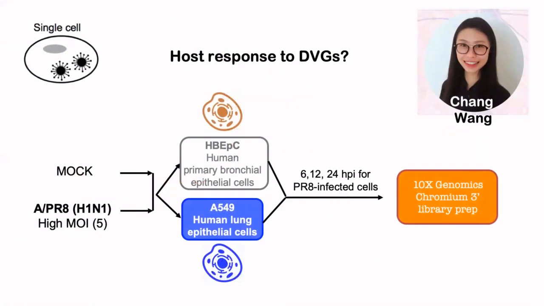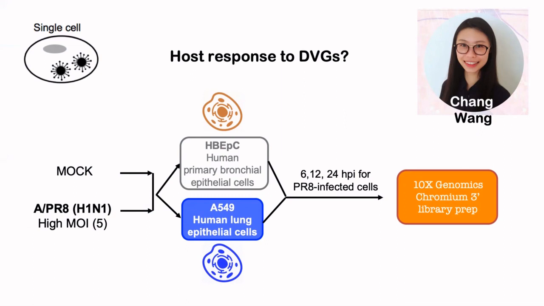And that's what we looked at in a study with one of my students, Chang Wang, a PhD student, which is a simple setup where she did a high multiplicity of infection because we wanted DVGs in this case. And she used 2 cell lines, a cancer cell line and also a primary pulmonary cell line. And I'll focus a lot more on the blue cell line here.